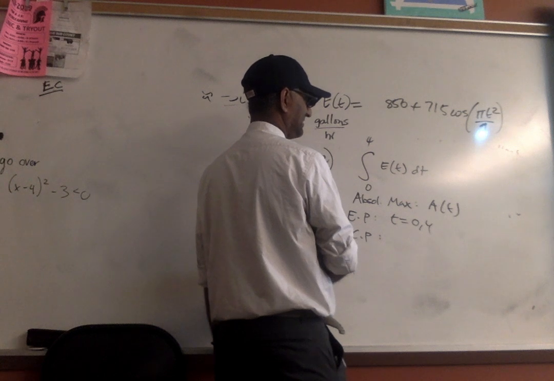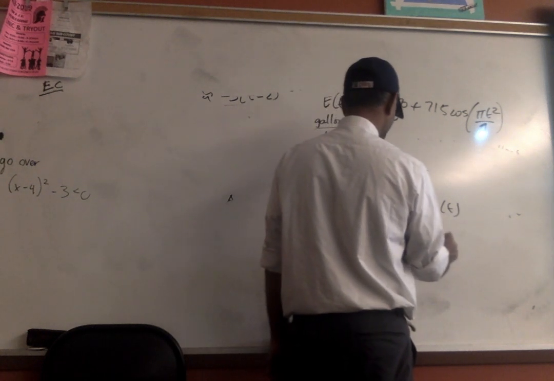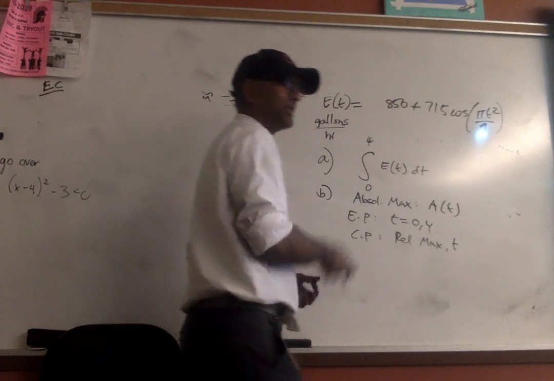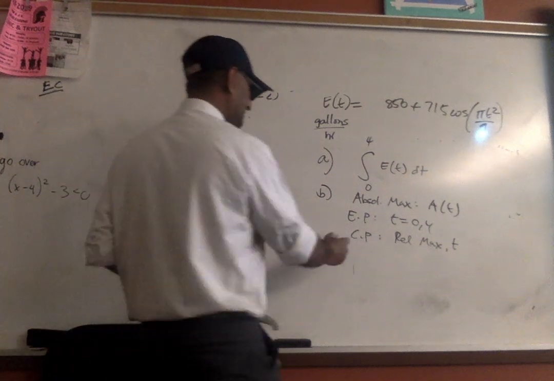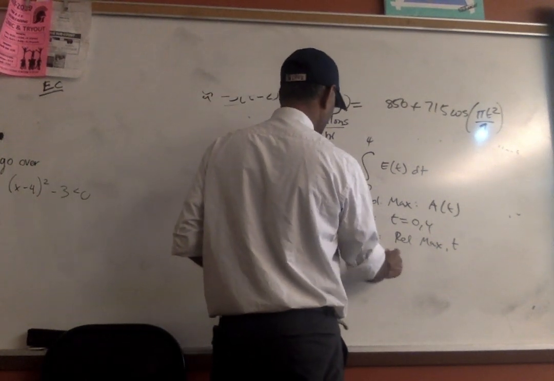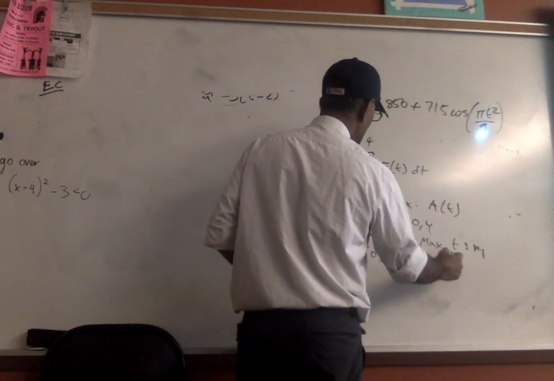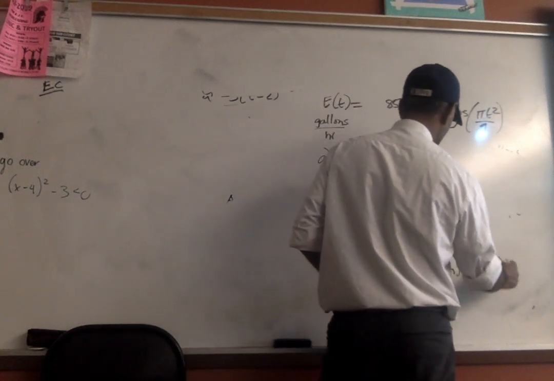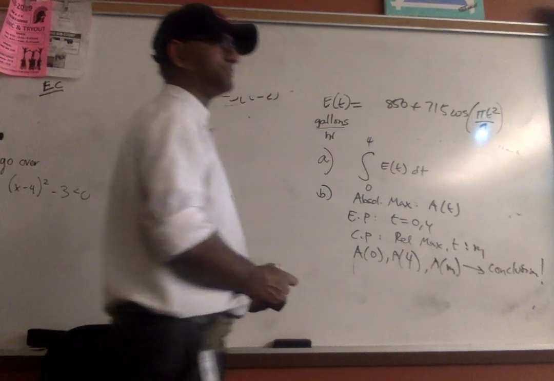The relative max t value, okay, what we always do. Where will you change from positive to negative in a graph? Is that clear? And then finally, you will evaluate A of 0, A of 4, if you call this guy monkey, and then A of monkey. Do not forget to write a conclusion, please. Do not forget to answer the question. The conclusion always carries a point.